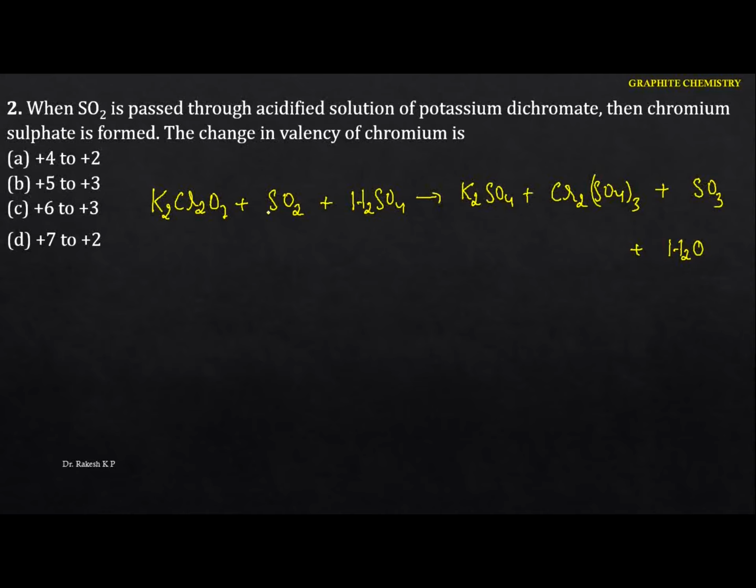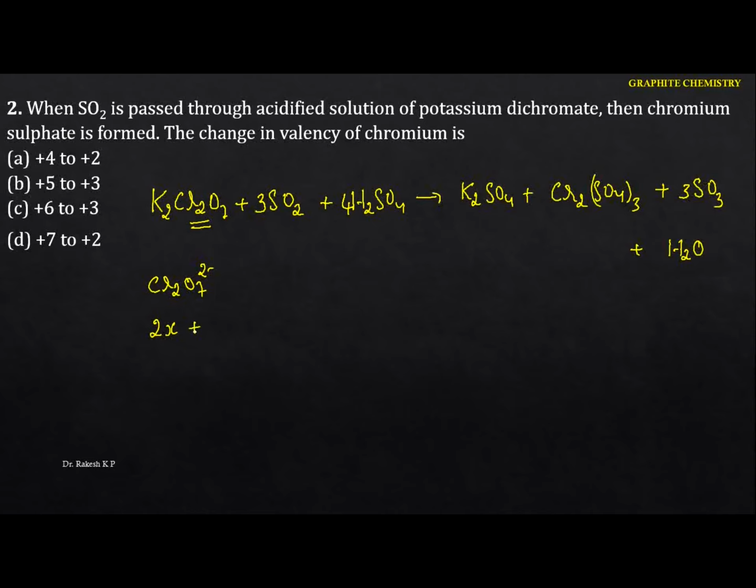But the reaction is not balanced. Here we have to take 3, here it will be 4, and here it will be 3. Just identify this one. If you calculate the oxidation state, let me write Cr2O7 2-. I'm talking about this one here. We don't know the exact oxidation state of chromium, so I'm going to write 2x.